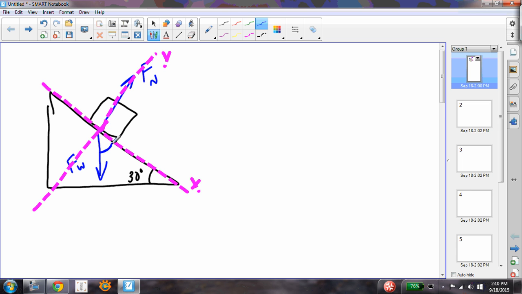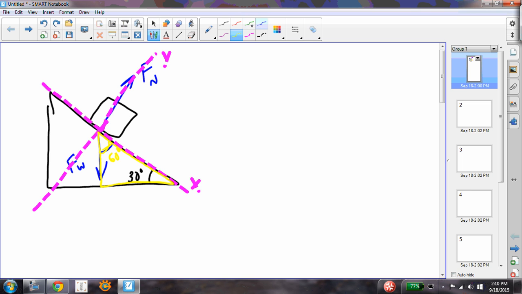Now I need to determine what this angle is. Notice that I have a right triangle here. Because this angle right here is 30 degrees, I know that this angle has to be, excuse me, not 90, I know that this angle has to be 90 minus 30, or 60 degrees, because that's a right triangle.